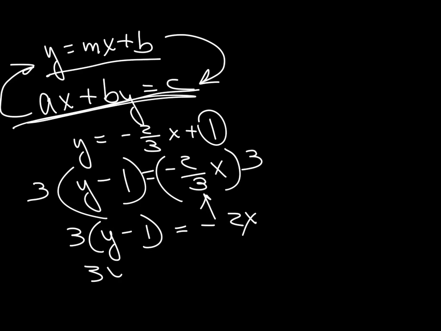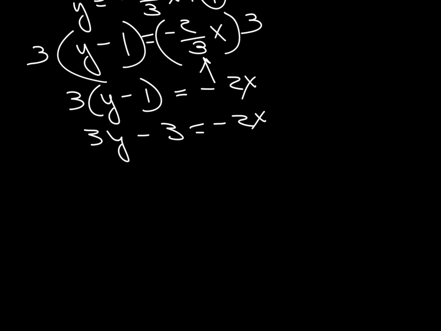I distribute. I move the x and y to the same side of the equation because notice over here my x and y are on the same side. So I'm going to move this up so I can keep going. So I'm going to add 2x to both sides.